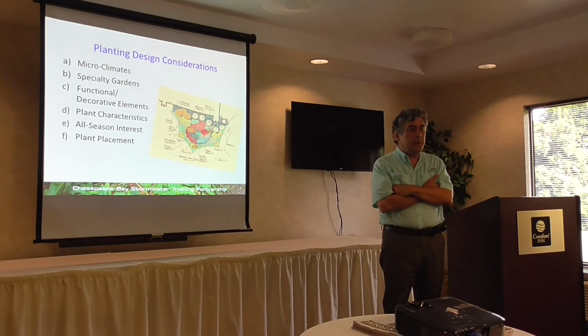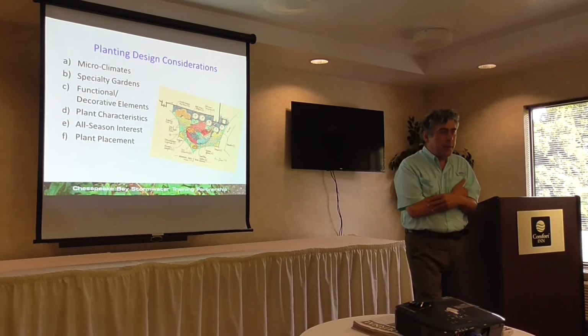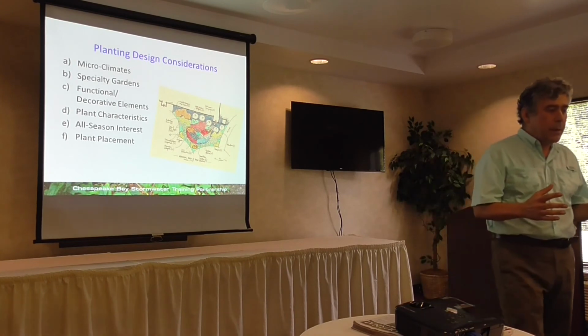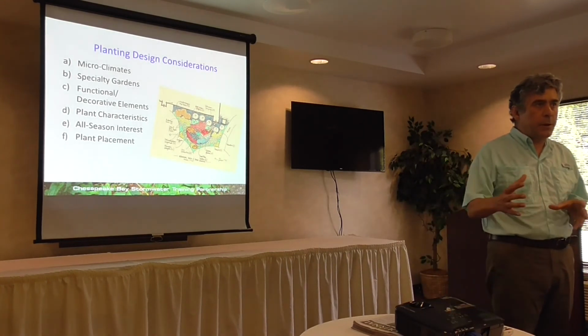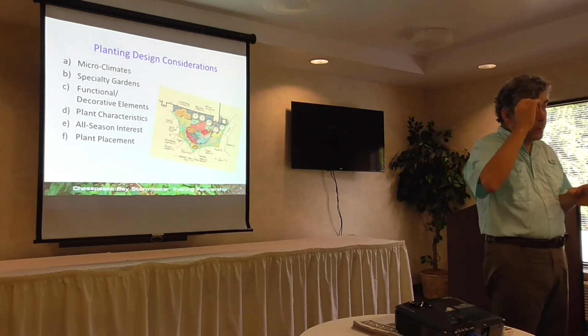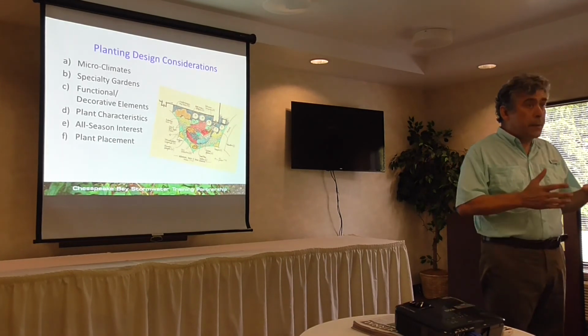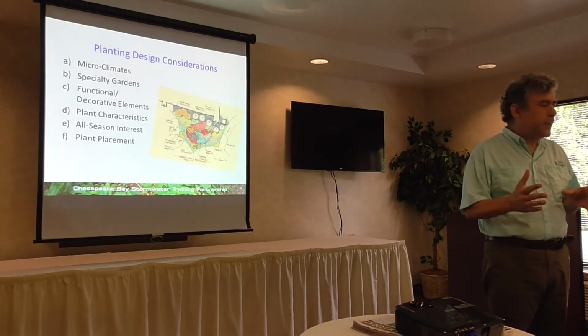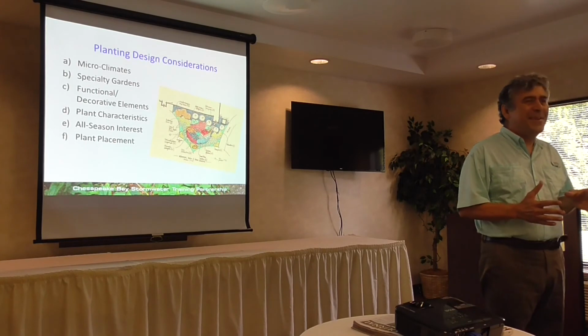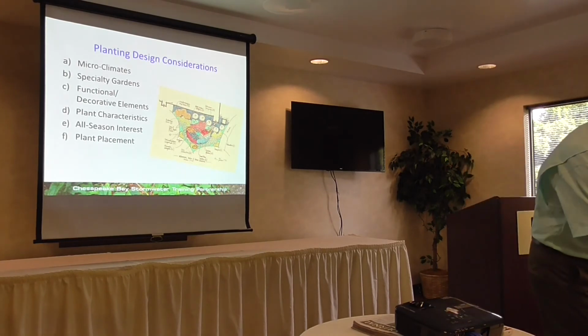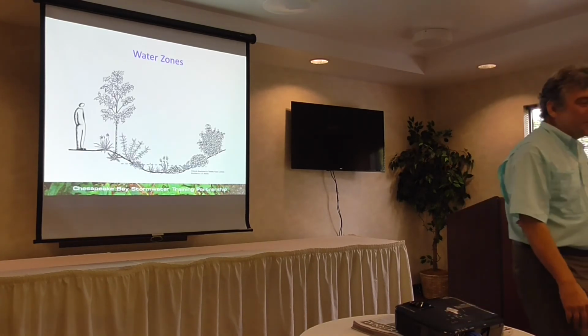And how you place the plants in relation to each other, so it doesn't look like a cornfield. It has kind of a natural feng shui or whatever. Like I said, I gave you fair warning.